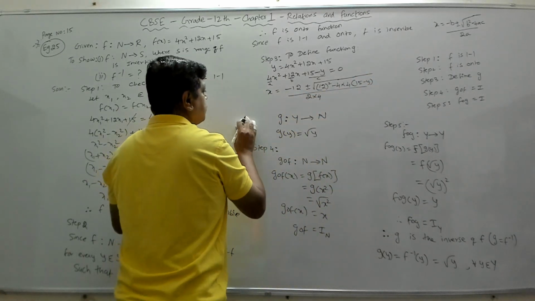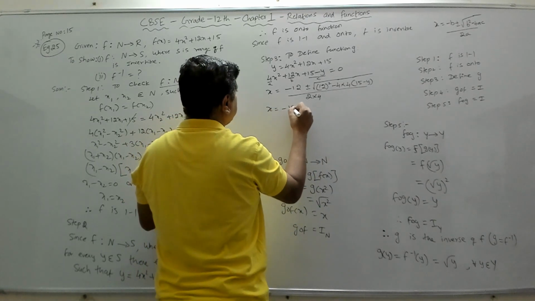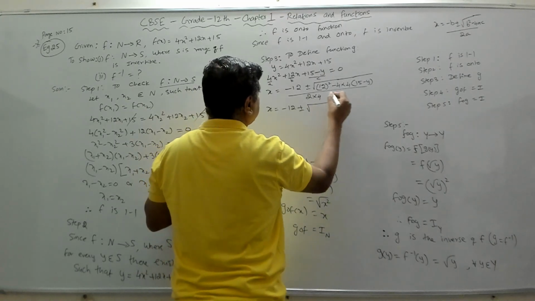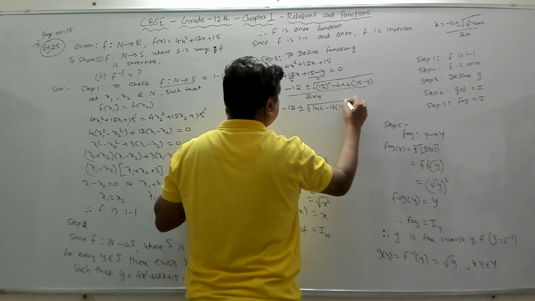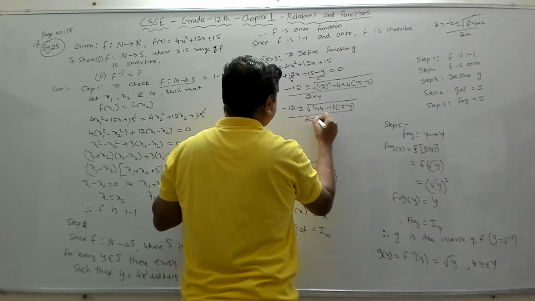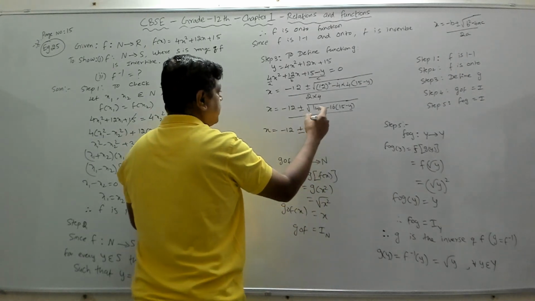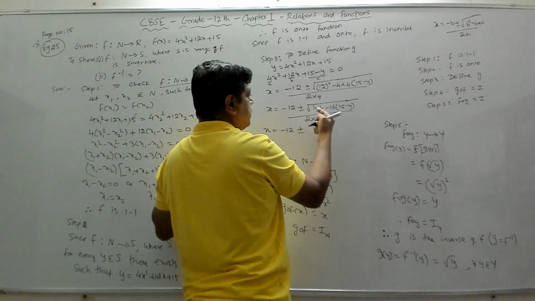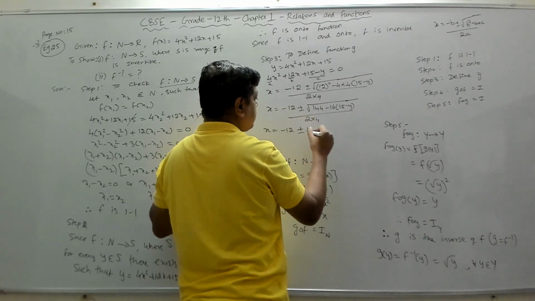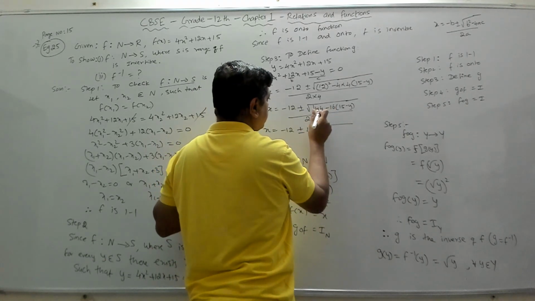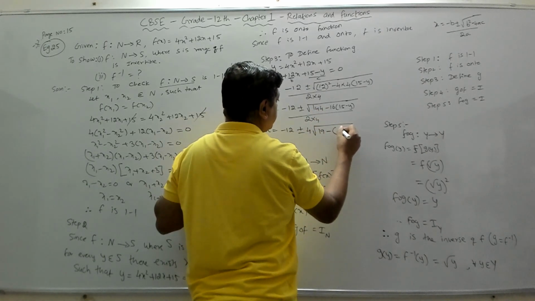If we simplify this, x is equal to minus 12 plus or minus square root of 144 minus 16 times 15 minus y, by 2 into 4. Now if I take 16 common and out of the root, it will become 4. After taking 16 common, this becomes 9 minus 15 minus y.